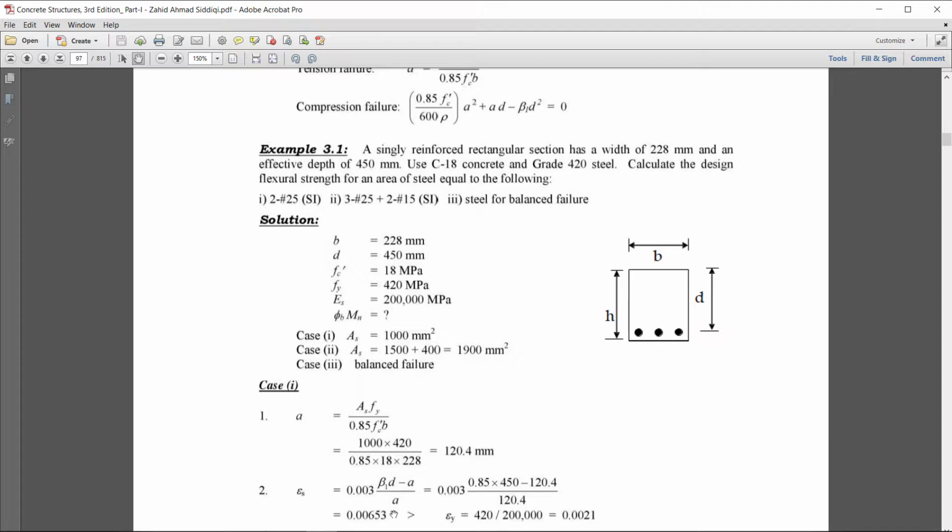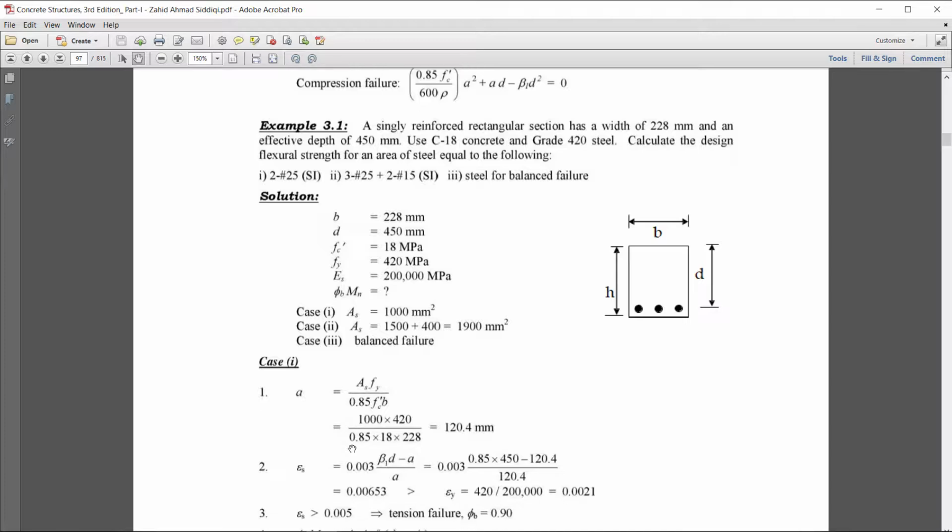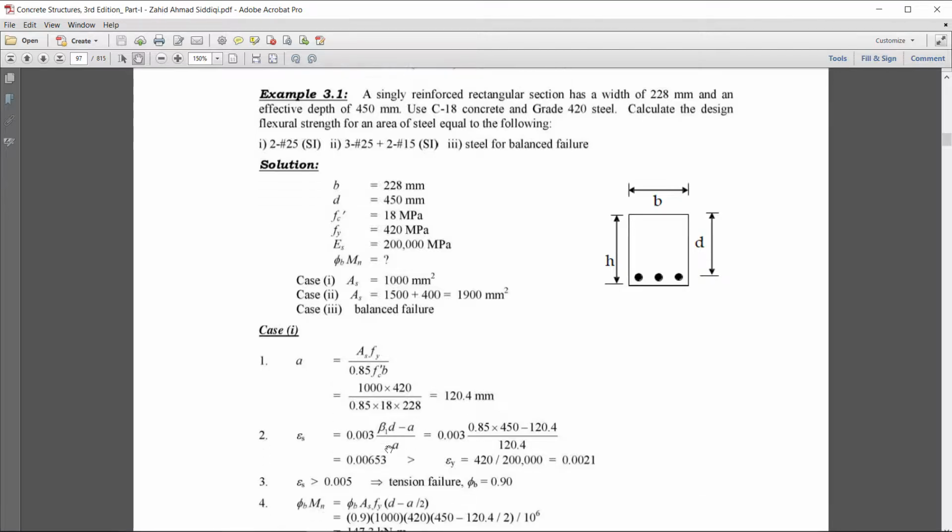Your strain in steel is greater than yield, so it means your section is under reinforced. Further, your strain in steel is greater than 0.005, so that is a tension control failure. Your phi will be 0.9.